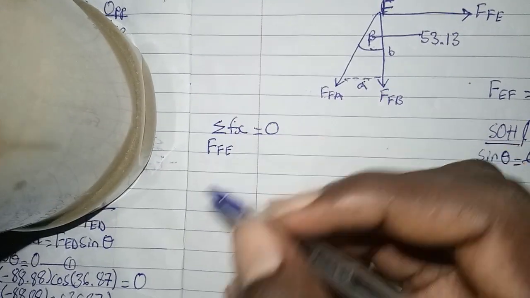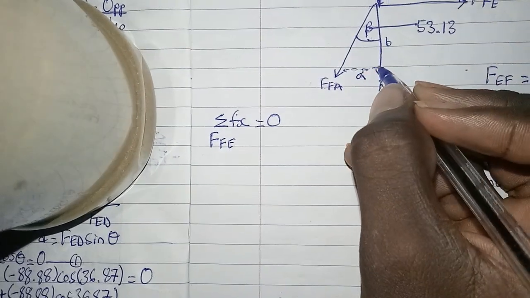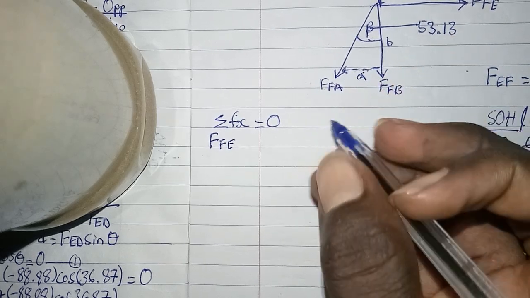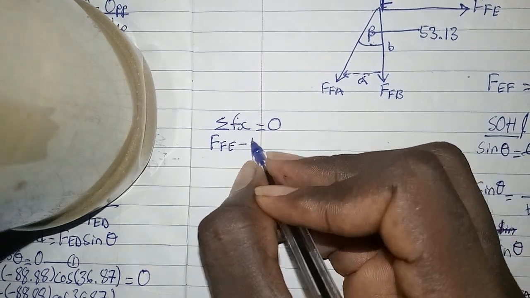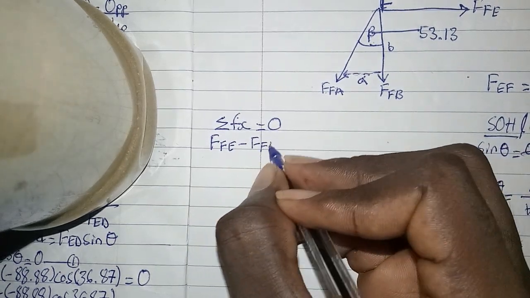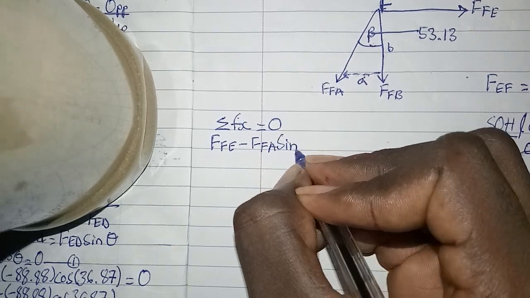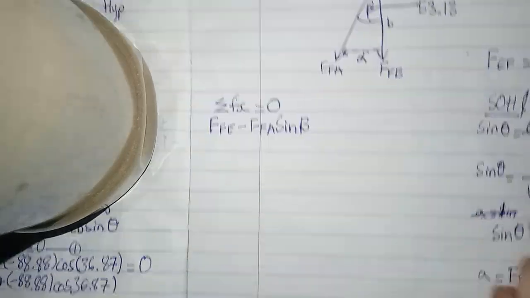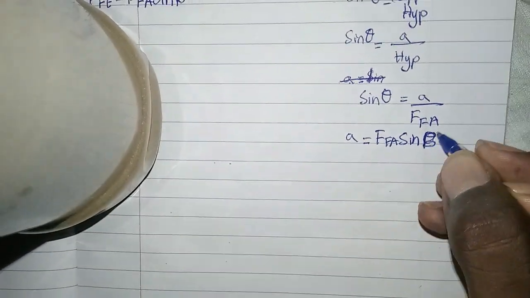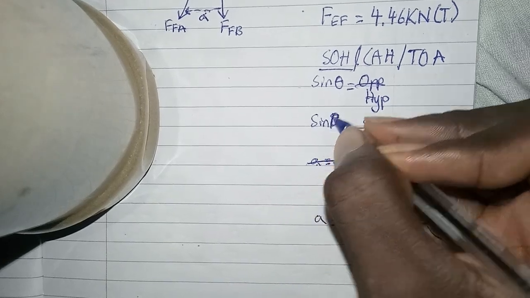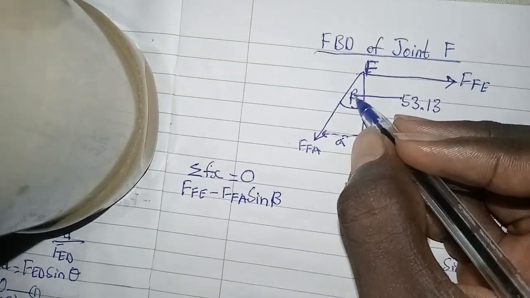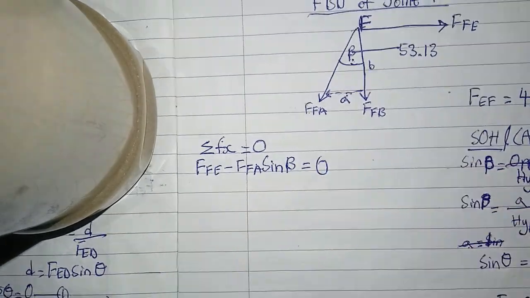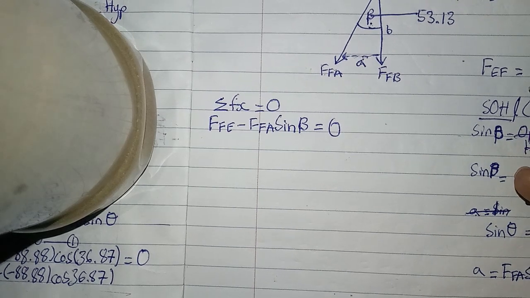So we are going to substitute them into the equation. It is pointing to the other side, which is going to give you negative. So negative force FA sine beta, because we are dealing with this angle, which is beta, equals 0.